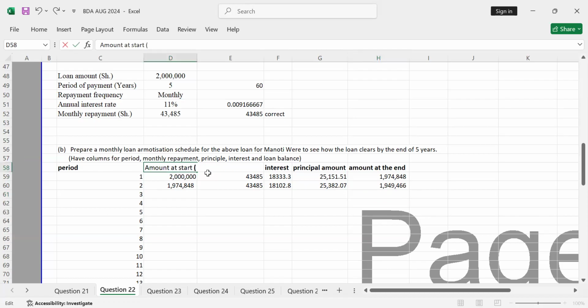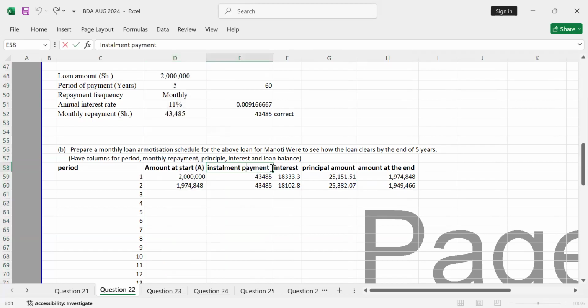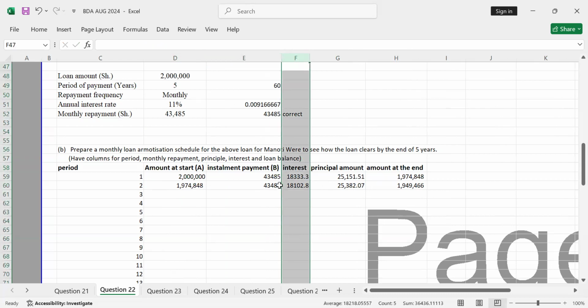This is what will be my A. Let me add it there so that you may understand what we mean. This is what will be my B. So to get the interest, the rate is a constant value, you know.